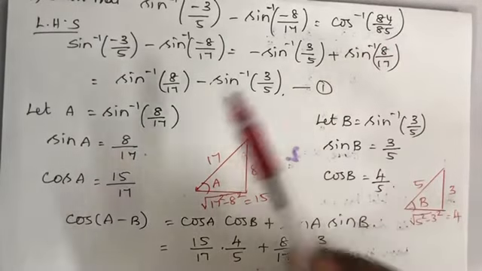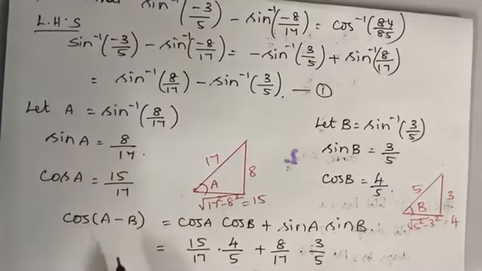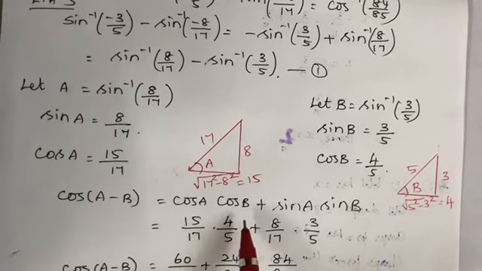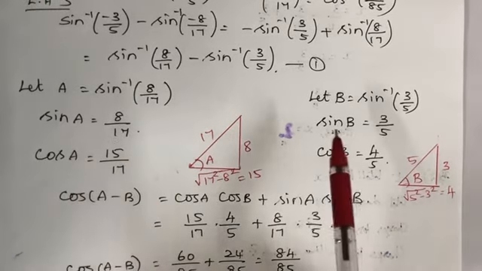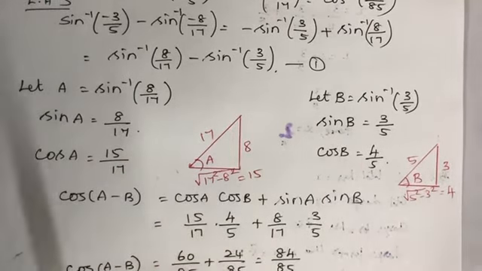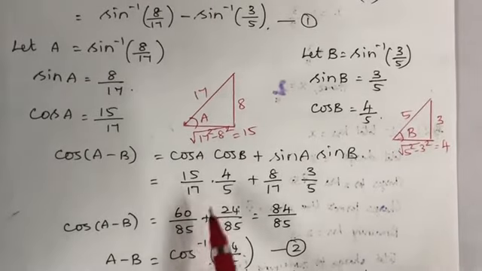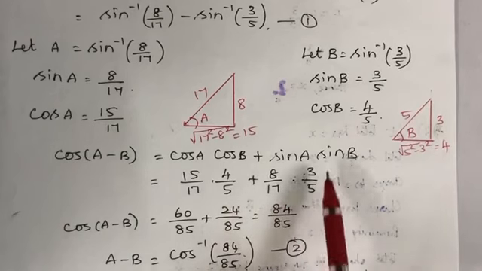We have used the same method in another problem also, isn't it? So, cos A, cos B plus sin A, sin B. We have our cos A values, cos B values, sin A and sin B. So, let us substitute this. So, 15 by 17 into 4 by 5 plus 8 by 17 into 3 by 5.